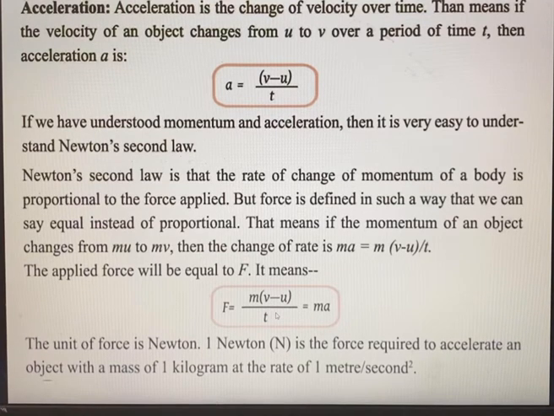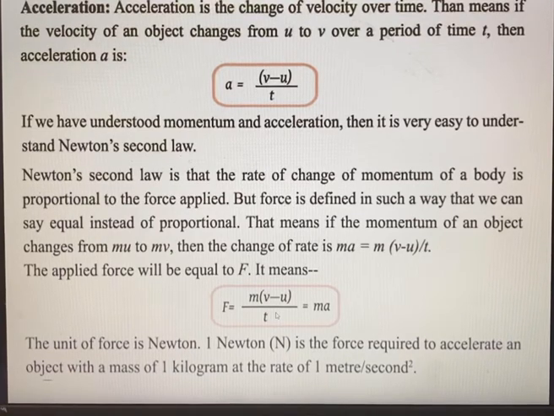If we have understood momentum and acceleration, then it is very easy to understand Newton's second law. Newton's second law is that the rate of change of momentum of a body is proportional to the force applied. But force is defined in such a way that we can say equal instead of proportional.